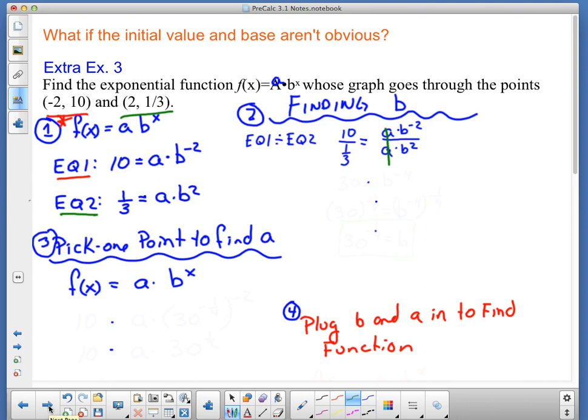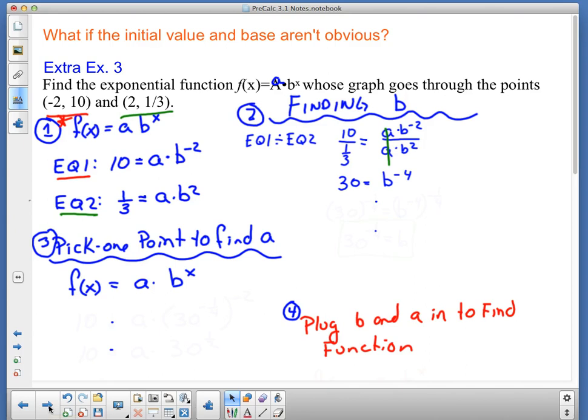Some people are like, okay, I can do that. So now I've got b to the negative 2 divided by 2, which is b to the negative 4, and this is 30 on this side. 10 divided by 1/3 is 30. So I got 30 equals b to the negative 4th power. Now I can find b, no problem.